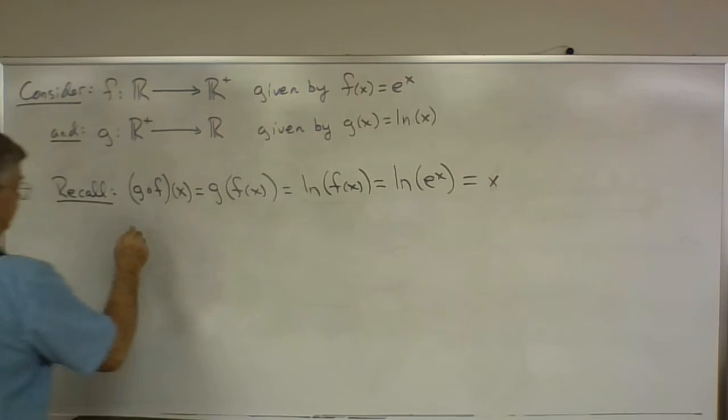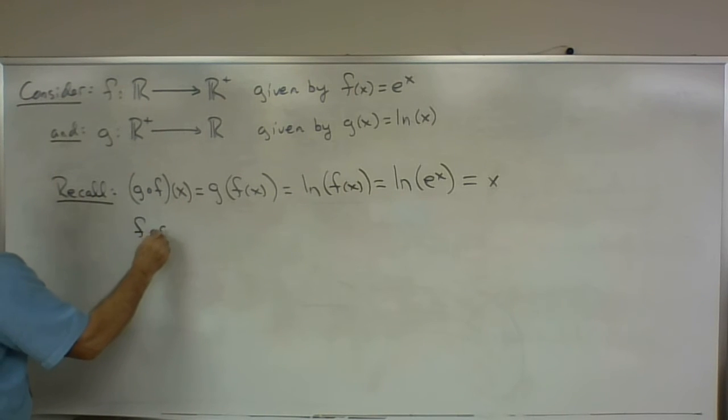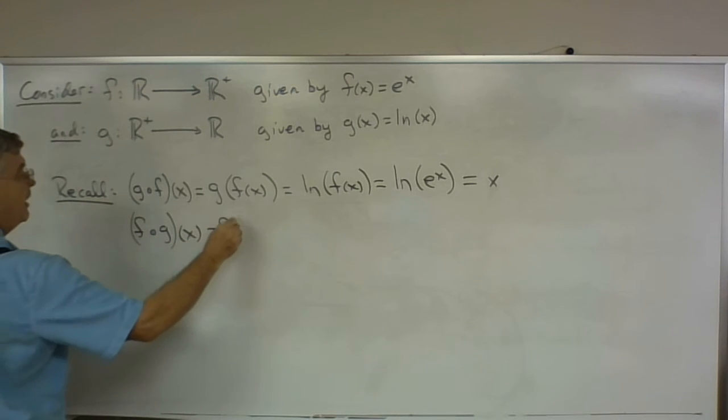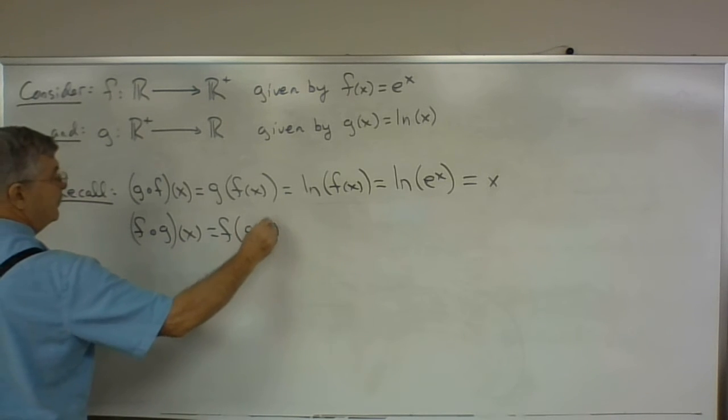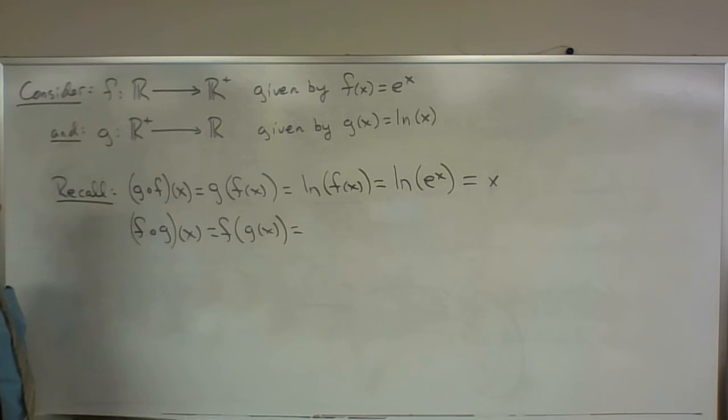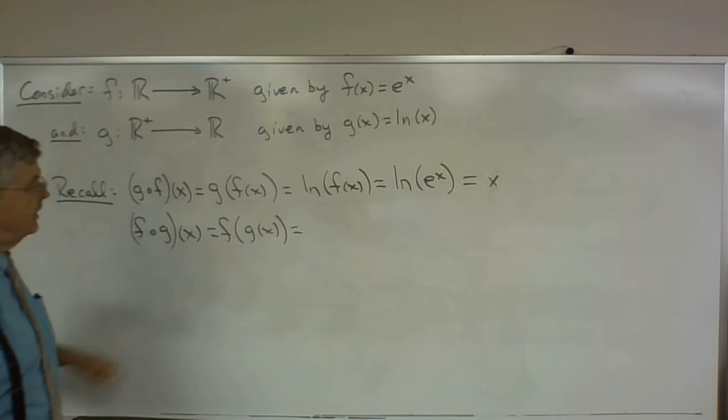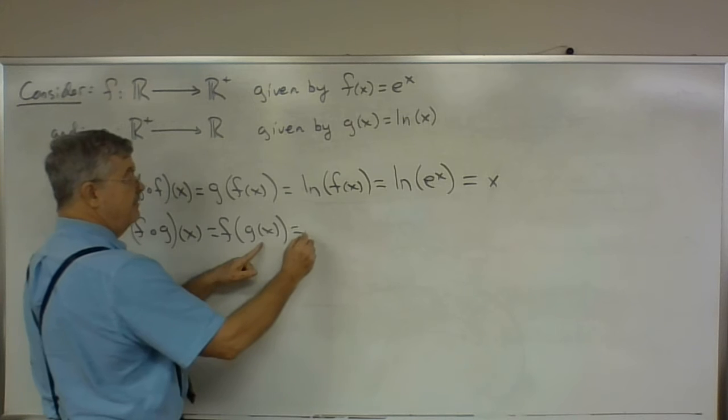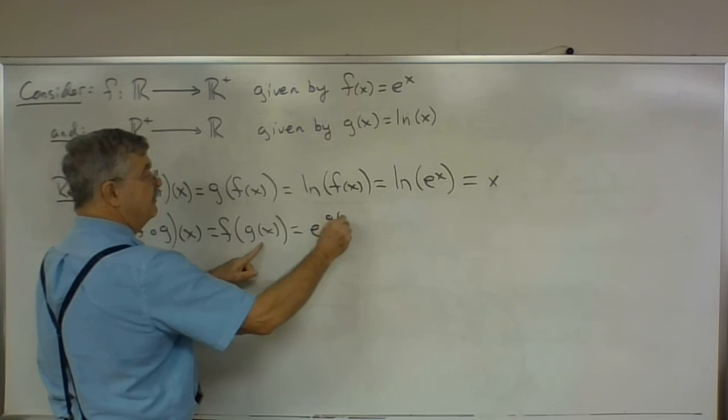Now let's do this. F evaluated at g. And f is e to the x. So f evaluated at g of x would be e to the g of x.